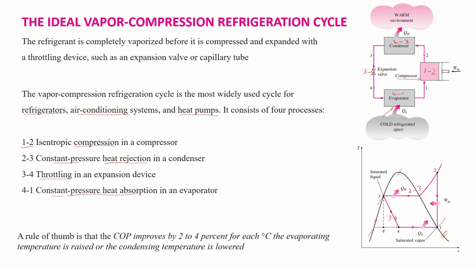So in this vaporization process, heat is absorbed, and then 4 to 1 process is evaporation process, which is happening in the evaporator, and evaporator is located inside that space that needs to be cooled down.